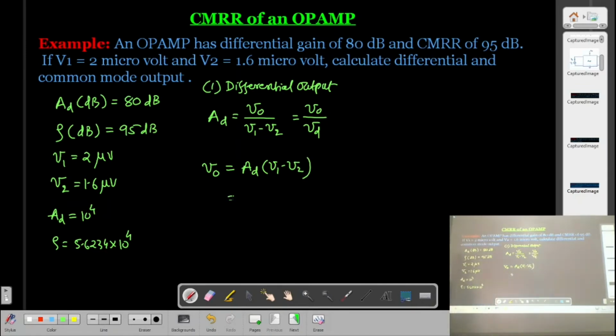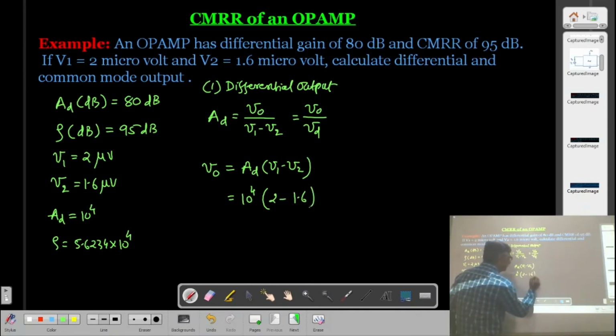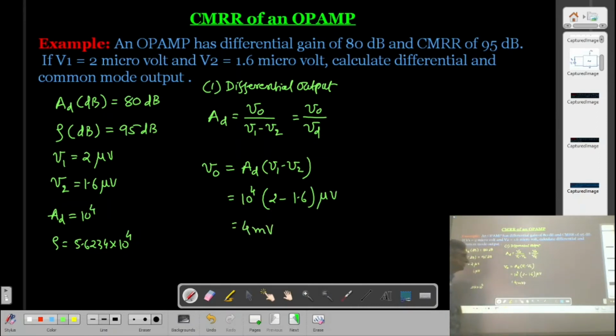AD is 10⁴, and V1 minus V2 is 2 minus 1.6 microvolt, or 10⁻⁶ volt. So 2 minus 1.6 is 0.4 × 10⁴, and here we have a micro, so this will come out to be 4 millivolt. That you can calculate by yourself. Correct? So the differential output is 4 millivolt.